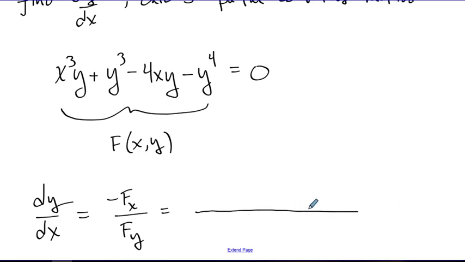This will make it look like this is an easier method than what we just saw doing it the other way. Let's see, if I take a derivative with respect to x, I'll get 3x squared y, because y is a constant right now. And this will go to 0, and then taking a derivative with respect to x, I'll just get minus 4y. Yeah, and don't forget, there's a negative here.